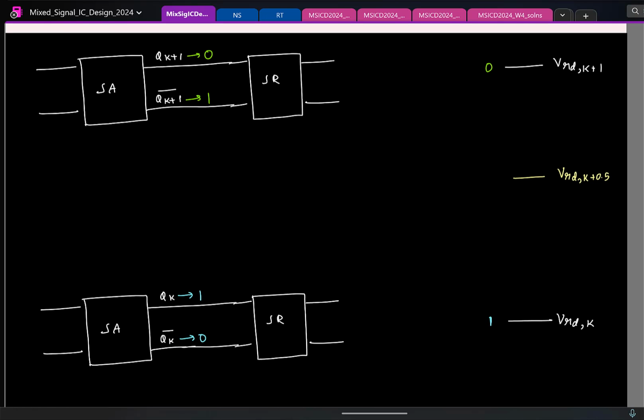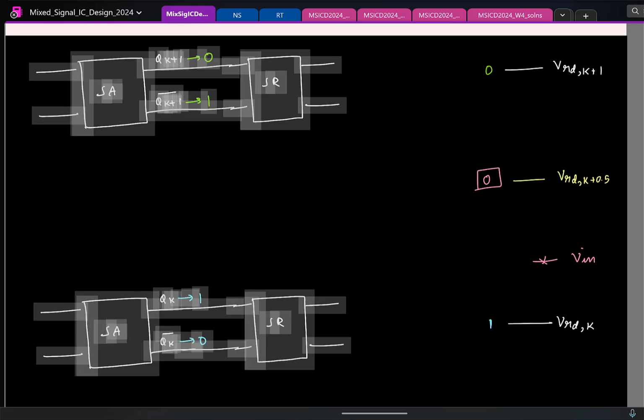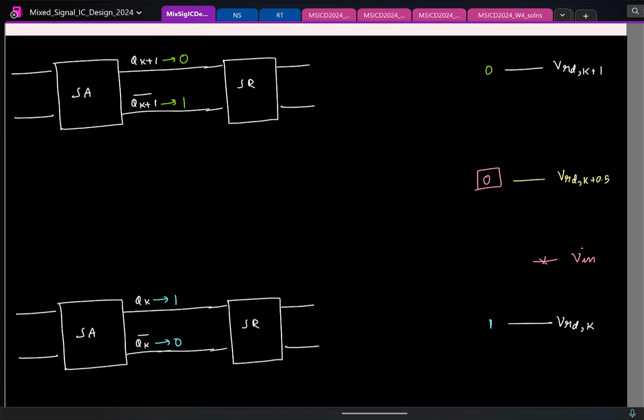Now let us say the input is lying somewhere here. If the input is lying here, what should be the output of the additional comparison? 0. So here this should be 0. Now let us say I sketch the outputs of the two comparators. The top one, as I see, goes to 0.